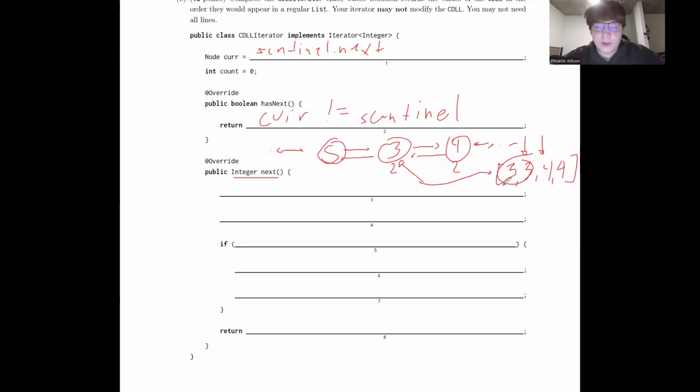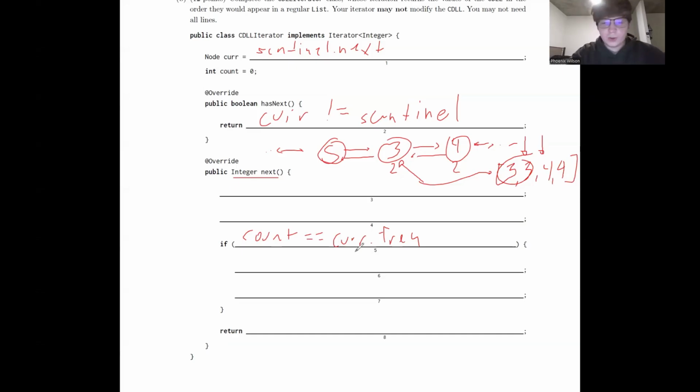Using this mental model, we can say that if the count is ever equal to the frequency of the current node, then we're done with that node and we need to move on.